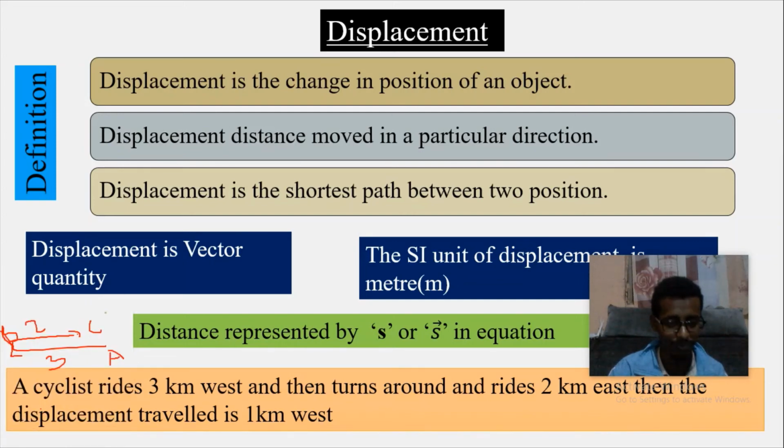The displacement moved is only this one, the shortest path from A to C, since we have said that it's the shortest path between two positions. So when we find 3 minus 2, it is 1 kilometer in the west direction. That is why we say displacement is distance moved in a particular direction. Good.